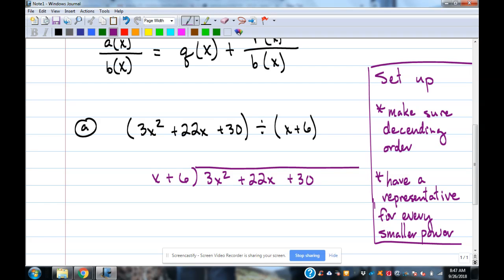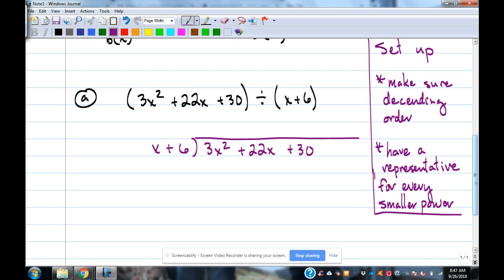Now, long division with polynomials is a lot like long division with numbers, except you don't think in terms of goes into. You think in terms of times what gets me this. So when I look at this, there's an x plus 6.